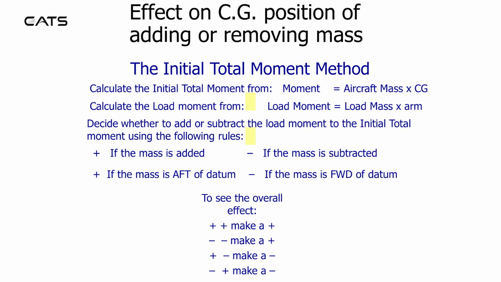Plus if the mass is added, minus if the mass is subtracted. Plus if the mass is aft of datum, minus if the mass is forward of datum. To see the overall effect, a plus and a plus makes a plus, a minus and a minus makes a plus, a plus and a minus makes a minus, and a minus and a plus makes a minus.